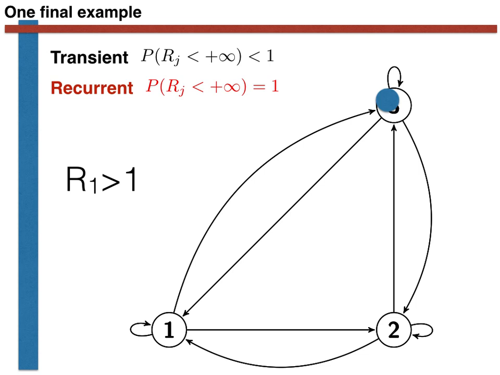Let's now suppose that in the next step we move from state 3 to state 3 again. We are still not back to state 1, so the instance of the return time will be greater than 2. Next, we move from state 3 to state 2. As we are still not back in state 1, though, we have still not generated an instance of this return time random variable R1.